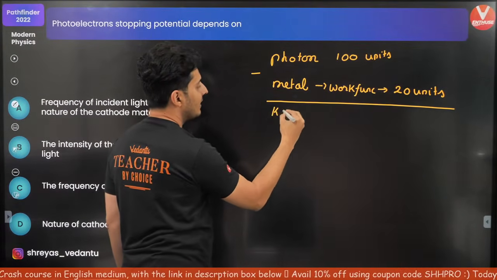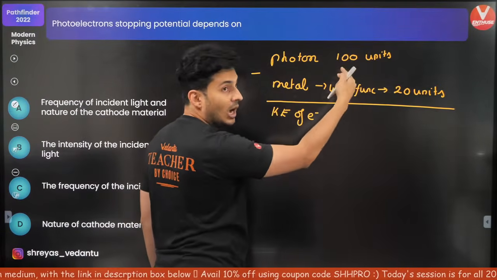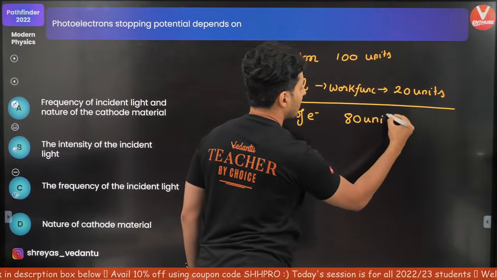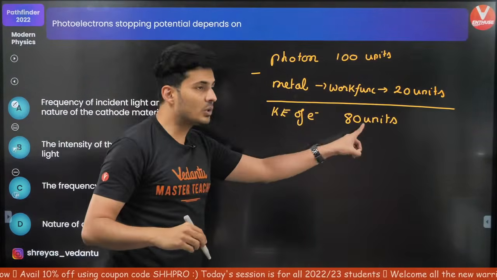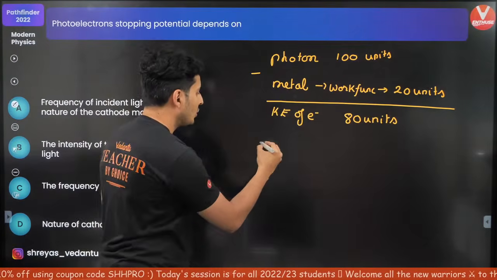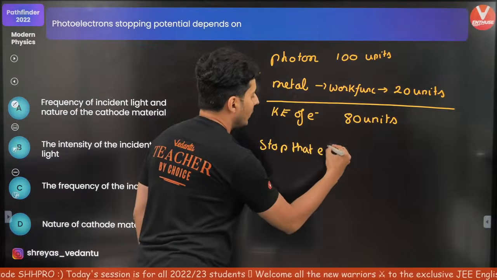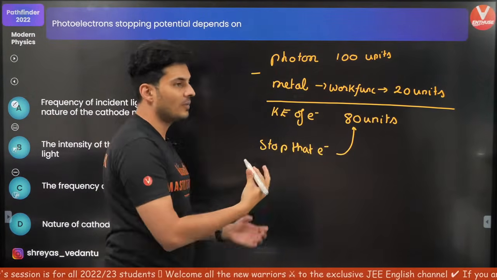So the kinetic energy of that electron, how much will it be? It will be nothing but 80 units. Now think about it. In order to stop this electron, you need to suck away this 80 units of energy.